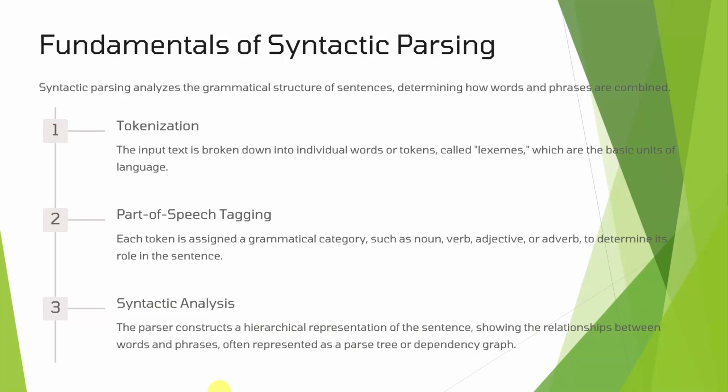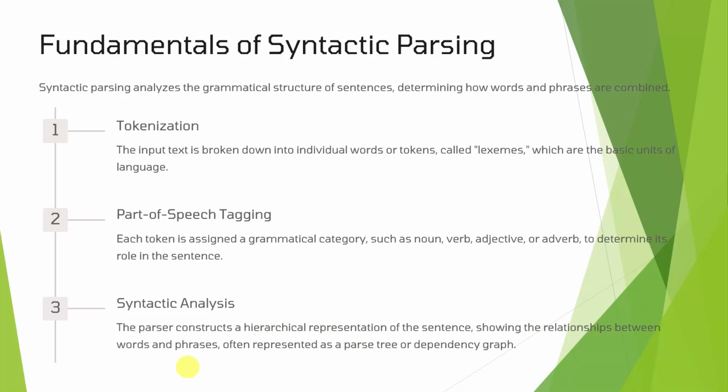What POS tagging means here is providing labels for the words. In the given token words, which one is a noun, which one is a verb, which one is an adjective, which one is an adverb, to determine the role in the sentence is identified using this part-of-speech tagging mechanism. Then we apply syntax analysis. The parser constructs a hierarchical representation of the sentence, showing the relationship between the words and phrases, often represented as a parse tree or dependency graph.